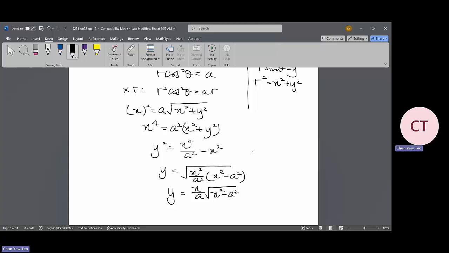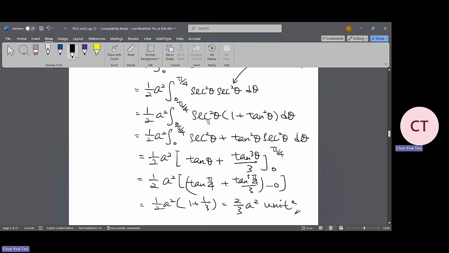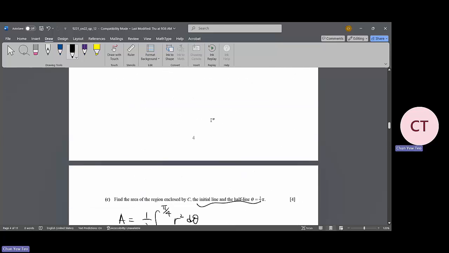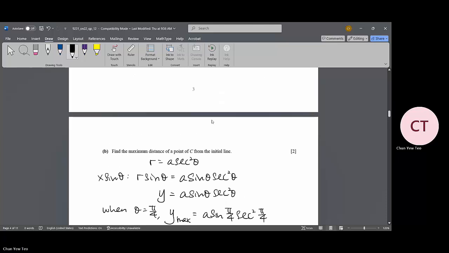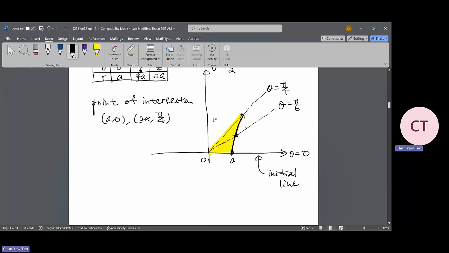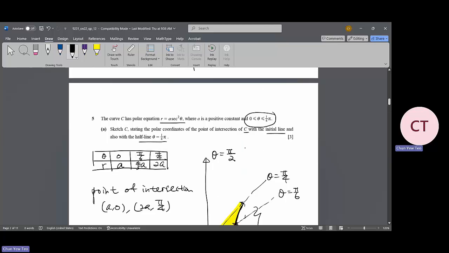But some of you may ask, shouldn't we write y equals positive negative square root of x squared over a squared times x squared minus a squared? Shouldn't we write like this? Well, actually, if we check again, the graph that we have is on the positive side, because theta is from 0 to pi over 4.